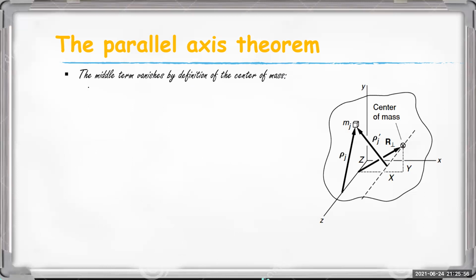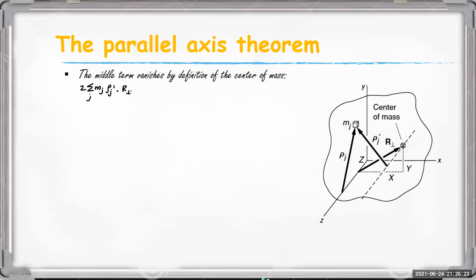The second term is summation, I take 2 outside, summation j mj rho j dash dot r perpendicular.